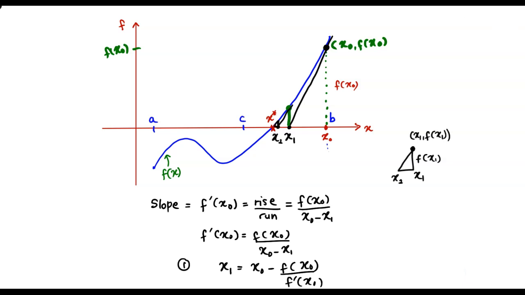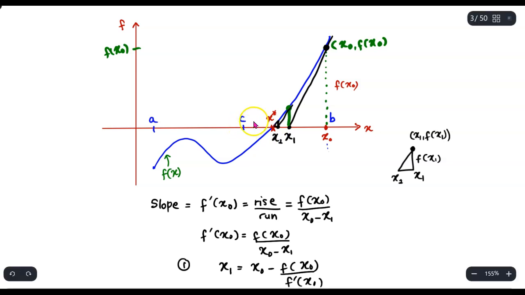So you can see what Newton-Raphson can do. At the first iteration, by having this tangent line, you have x1 as your first approximation, which we can say is closer to the root compared to the C that we have here.